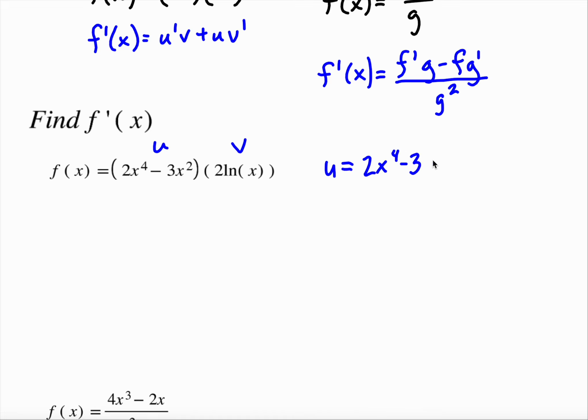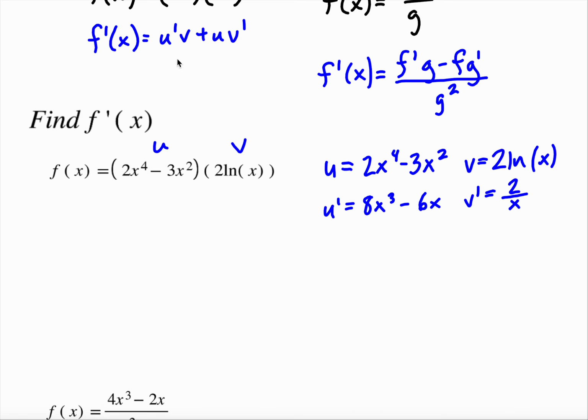U is going to be this, and then v is going to be 2 natural log of x. So u prime, we're just going to take the derivative here, is going to be 8x cubed minus 6x, right? We bring the 2 down, subtract 1 from the exponent. And then v prime is going to be 2 divided by x.